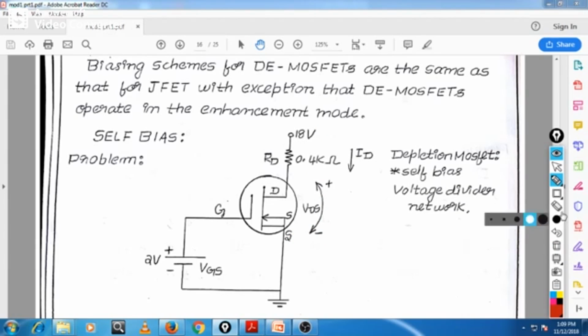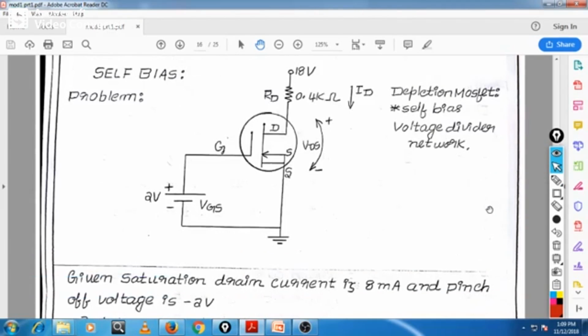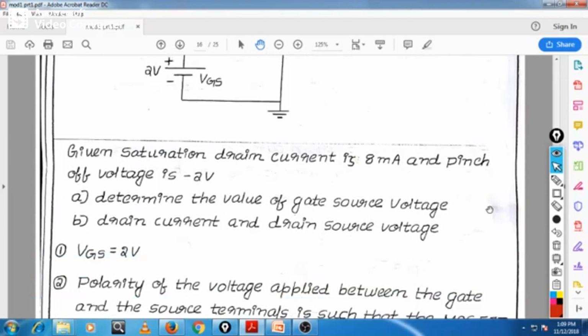So we will move to the configuration and see how this works. Now, given the saturation drain current, we will solve the problem. The saturation drain current is 8 milliamps, and the pinch off voltage is -2 volt. Determine the value of the gate source voltage, that is VGS.